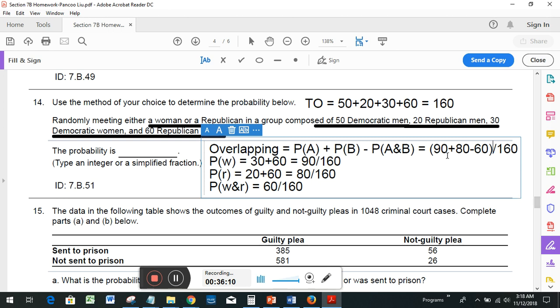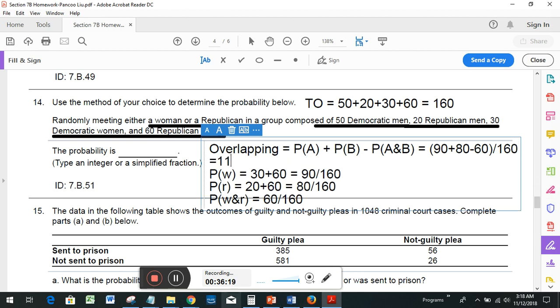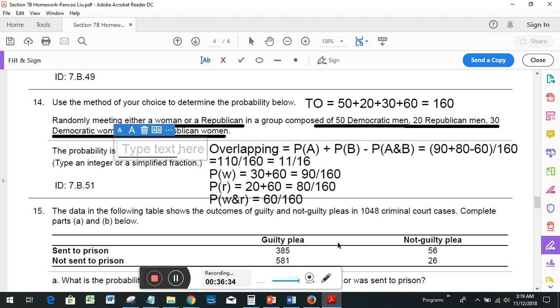So 90 plus 80 minus 60 gives me 110 over 160. This reduces down to 11 out of 16. So your probability will be 11 out of 16.